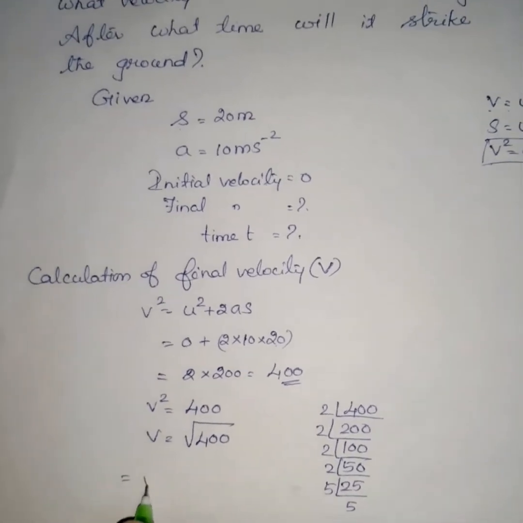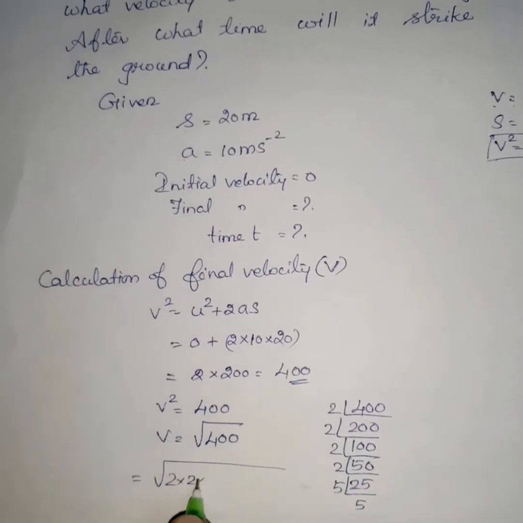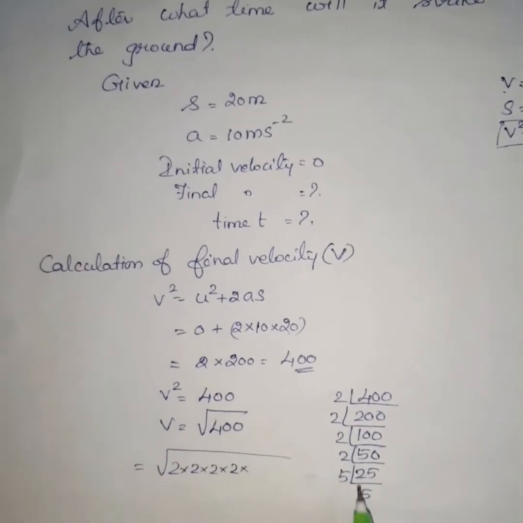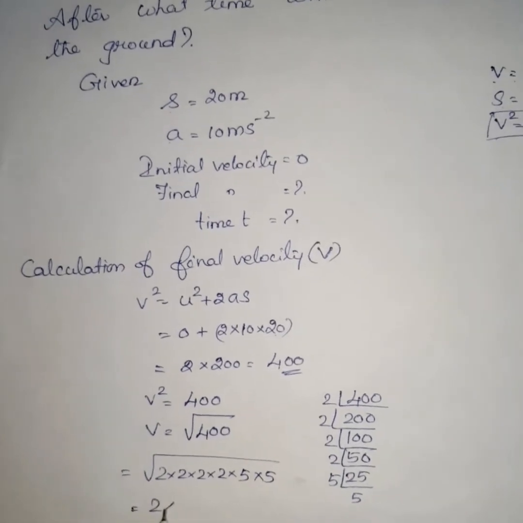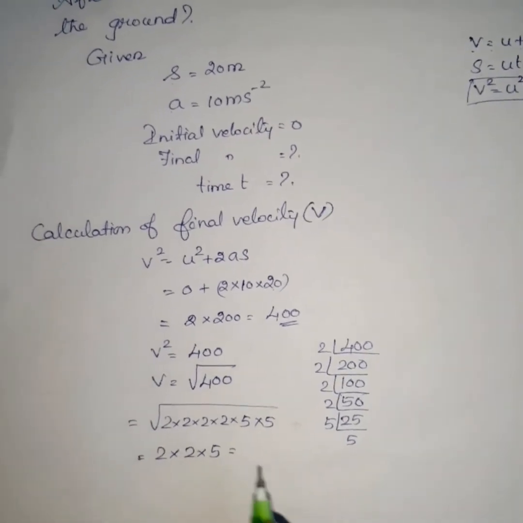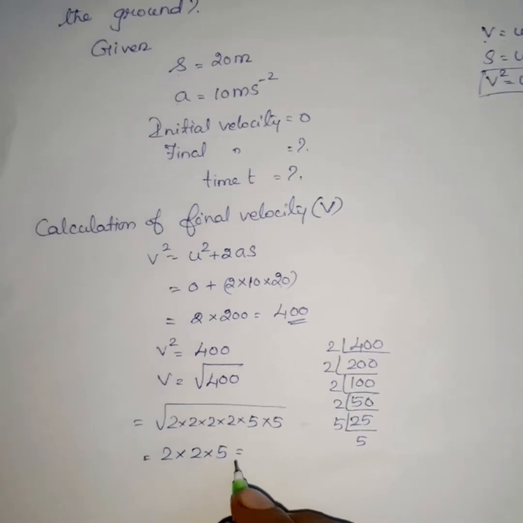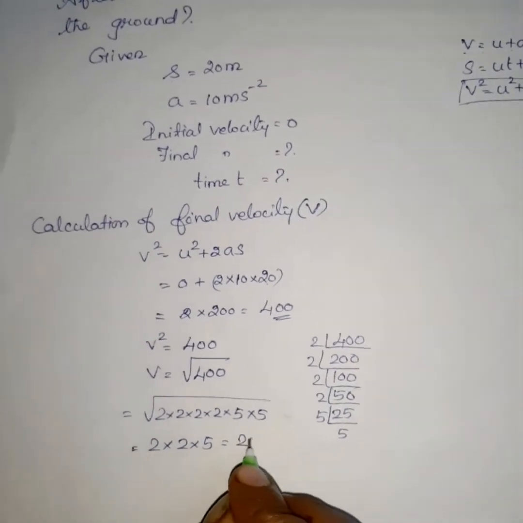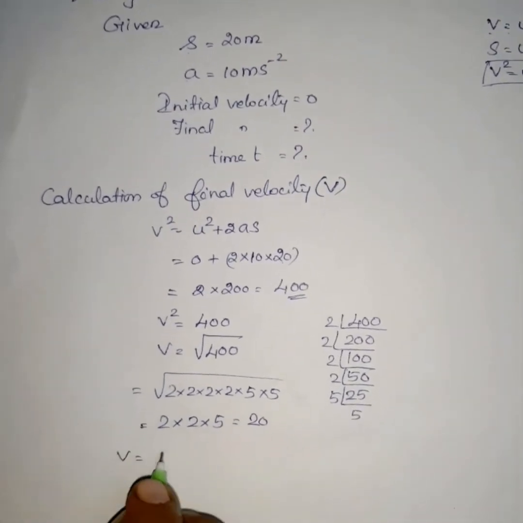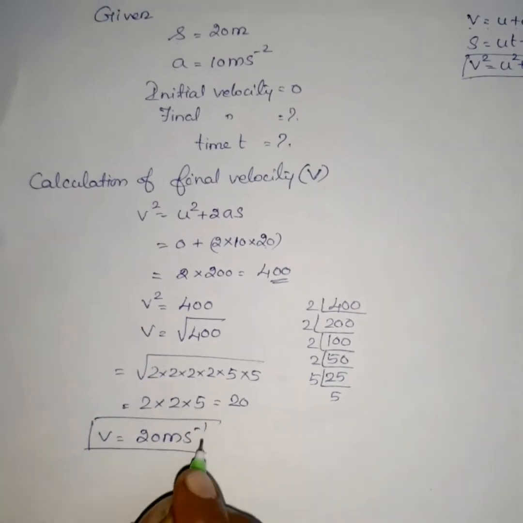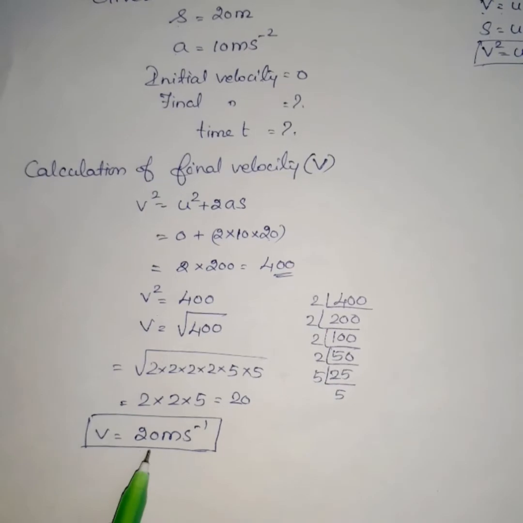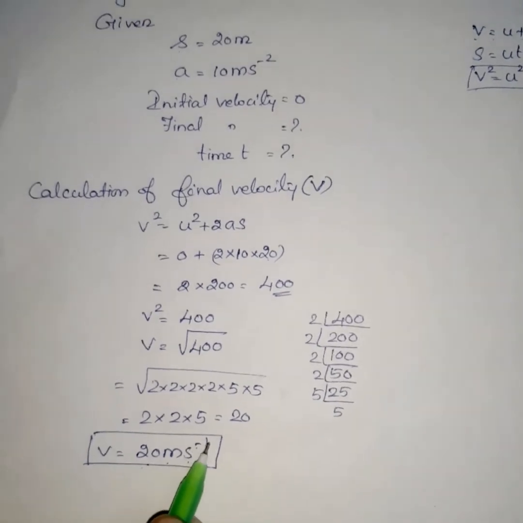Now you write 2 into 2 into 2 into 2 into 5 into 5 equal to 2 into 2 into 5. So 2 2s are 4, 4 5s are 20. So v is equal to 20 meter second power minus 1. The final velocity v is equal to 20 meter second power minus 1.